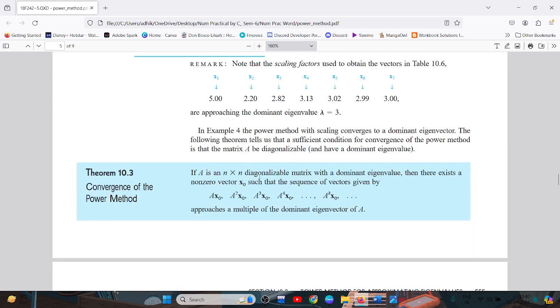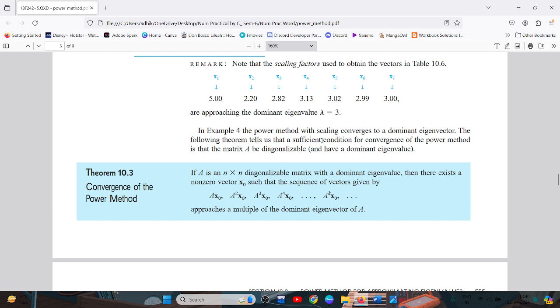If A is an n by n diagonalizable matrix with a dominant eigenvalue, then there exists a non-zero vector x0 such that the sequence of vectors Ax0, A square x0, A cube x0, A to the power k x0 approaches a multiple of the dominant eigenvector of A. The following theorem tells us the sufficient condition for convergence of the power method.